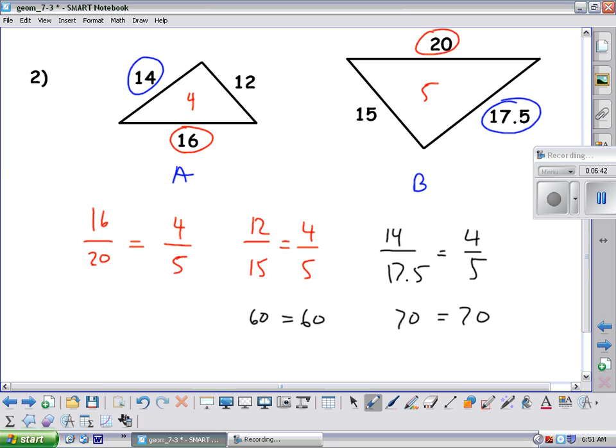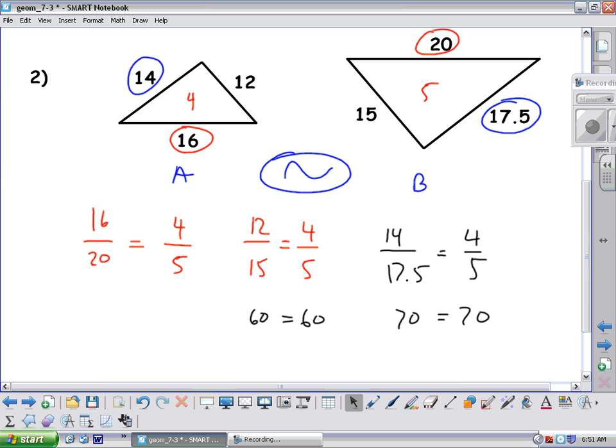Yeehaw. Okay. So these triangles are not congruent, but the ratio of the sides holds in all three cases. So we would say that A is similar to B. That's your symbol for similar. A is similar to B by, and the reason is side, side, side.